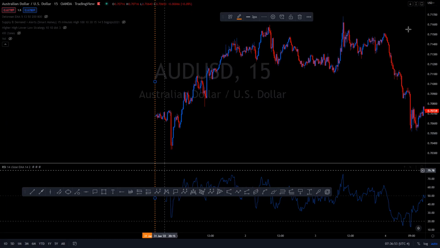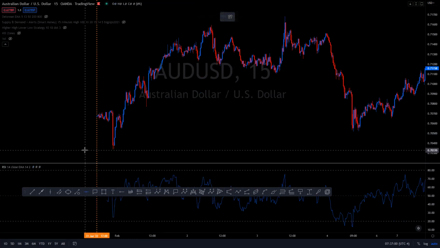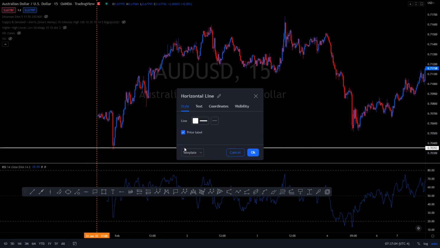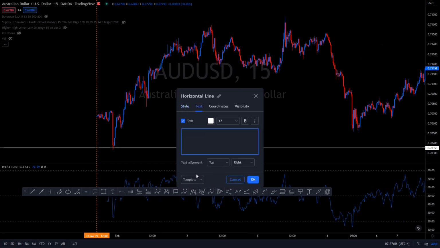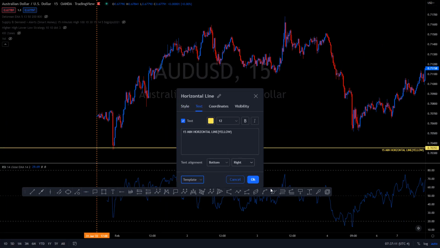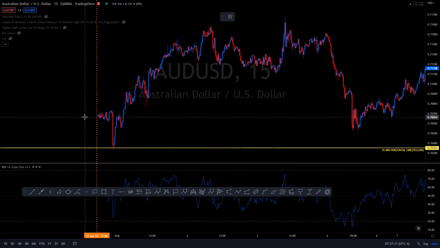And now we're going to mark up institutional support and resistance. When I mark up institutional support and resistance, these are areas where in the past the institutions have done liquidity grabs. So basically they grab these areas for liquidity and then make some type of big move.